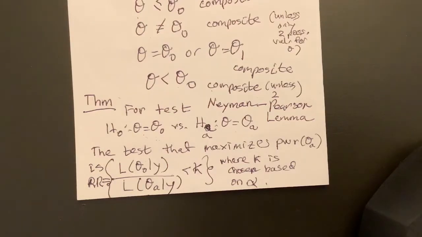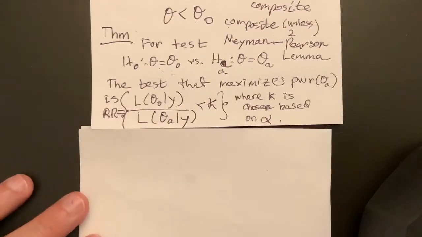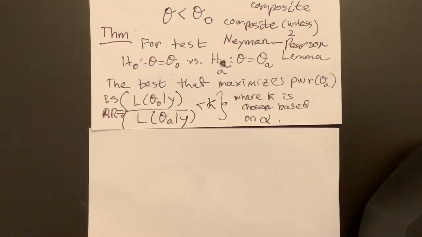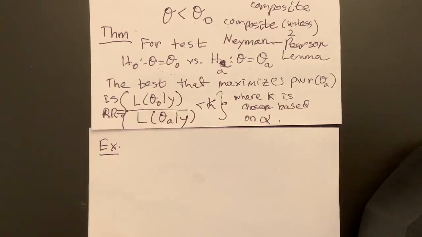Well, let's do a little example. I actually fear this may be the one right from the book, but that's okay. To start, we'll just do an example that has two simple hypotheses.